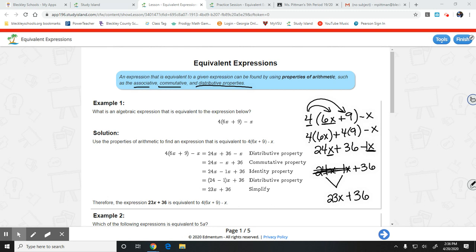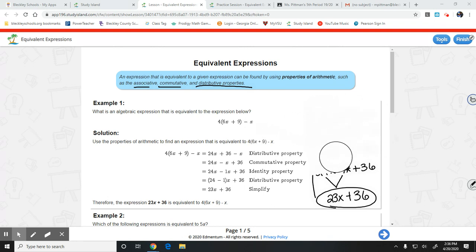We can't combine it with 23x because it doesn't have a variable. It doesn't have that x variable there. So that's as far as we can go. So 23x plus 36 is actually equal to that expression right there. Okay? All right, let's see another example here.